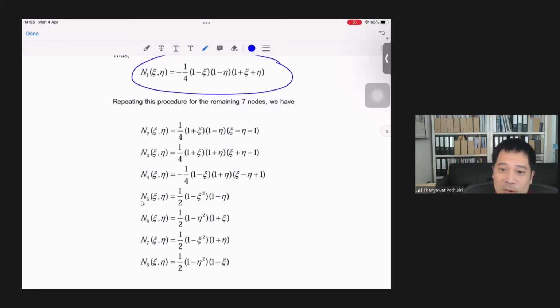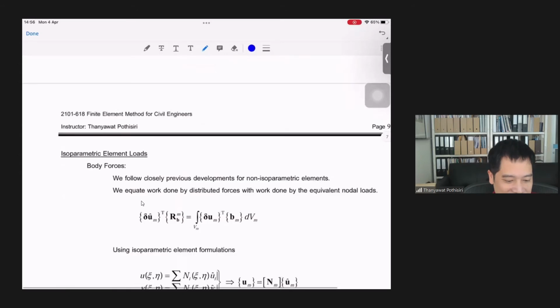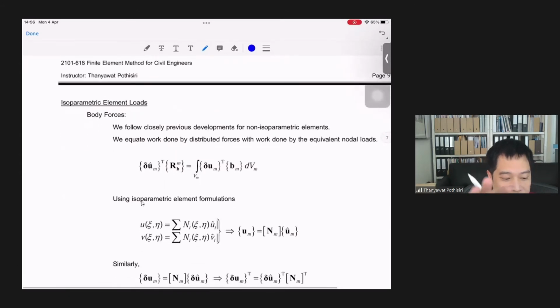You can also compute the B matrix, which is the derivative of this shape function with respect to x and with respect to y. You can also write the B matrix in terms of xi and eta, or you can follow pretty much the same procedure that we have done before for 4-node elements.